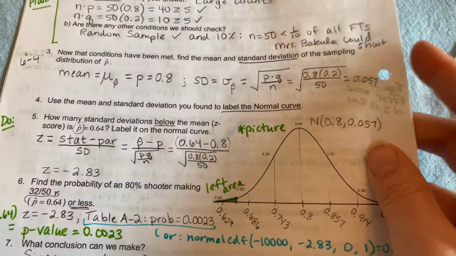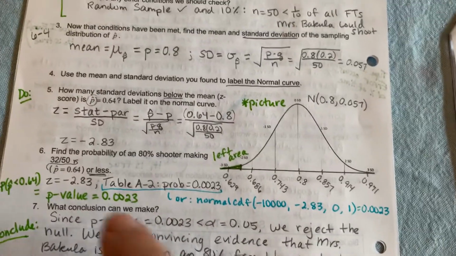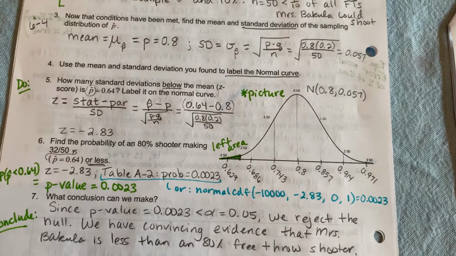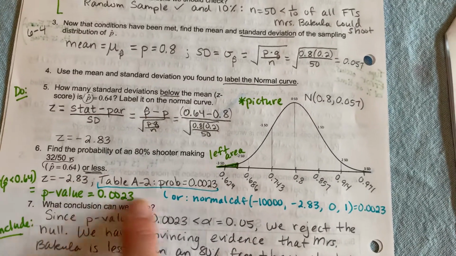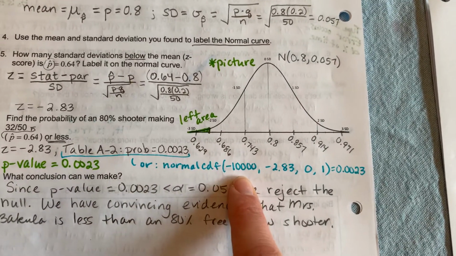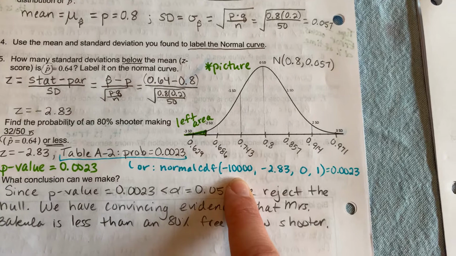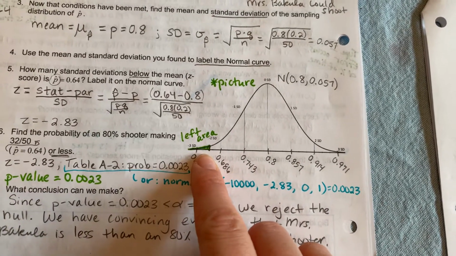In number 6, where we calculated the probability of an 80% shooter making that sample proportion of 0.64 or less, that was our p-value. Instead of using table A, we could have calculated normal CDF with a lower limit of negative 10,000, some big negative number, and an upper limit of negative 2.83.